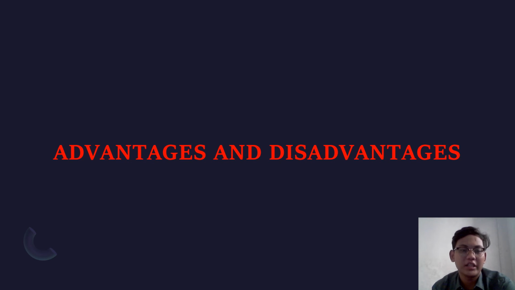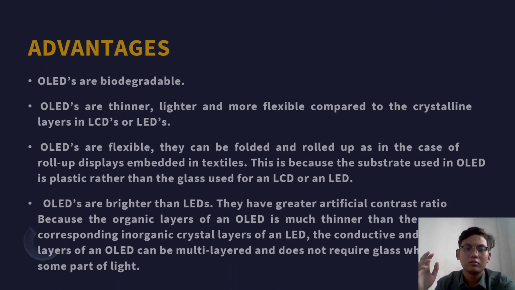So let's proceed to the advantages and the disadvantages of OLEDs. So let's proceed to the advantages. First one, OLEDs are biodegradable. Second one, OLEDs are thinner, lighter, and more flexible compared to the crystalline layer LCDs.